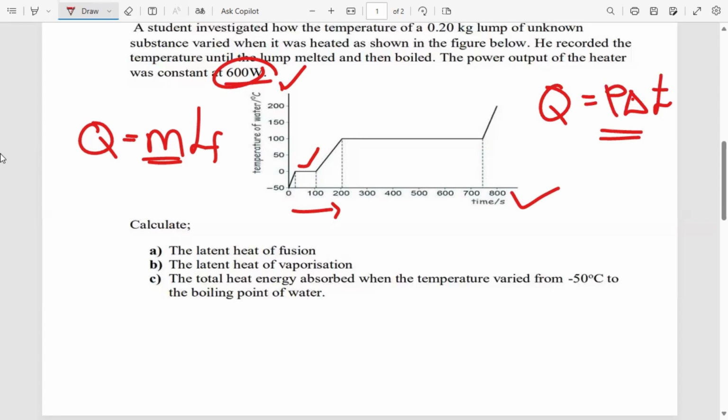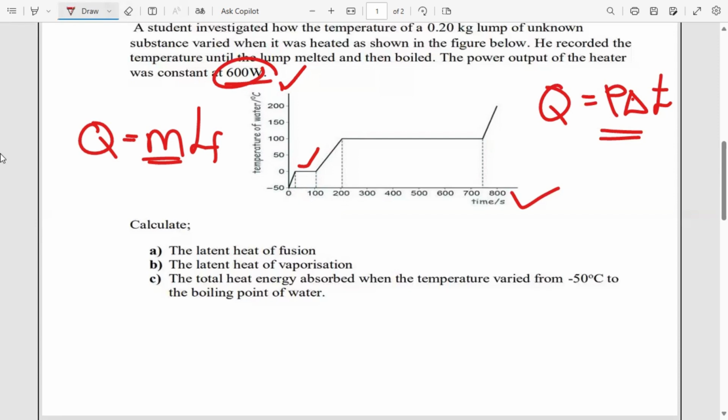And what time is that? It's the time from this point where the temperature reaches 0 degrees to this point where the temperature starts to rise again. So it is stopping at 100 seconds. 100 seconds is the final time here. And what is the initial time? If this graph is drawn to scale, we can see that they haven't given us the beginning time where the temperature is constant.